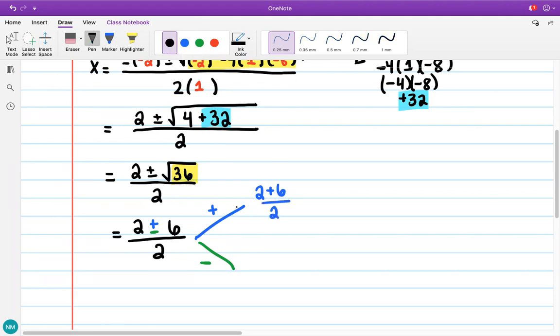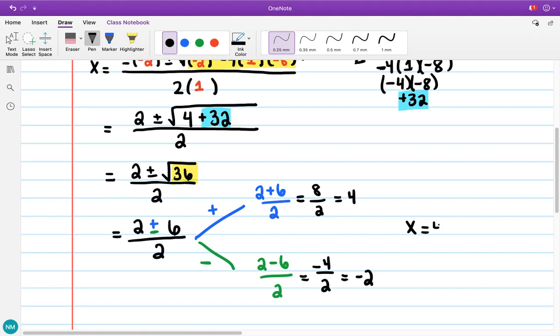And then we have 2 minus 6 over 2. 2 different solutions. And so we get 2 plus 6, which is 8, over 2. 8 over 2 is 4. 2 minus 6 is negative 4. Negative 4 over 2 is negative 2. So my solutions are x equals 4 and negative 2.